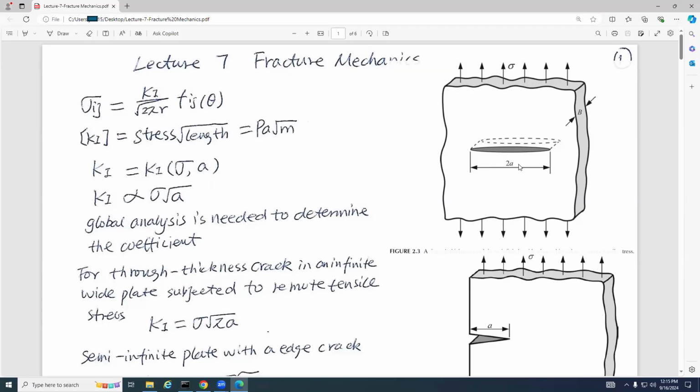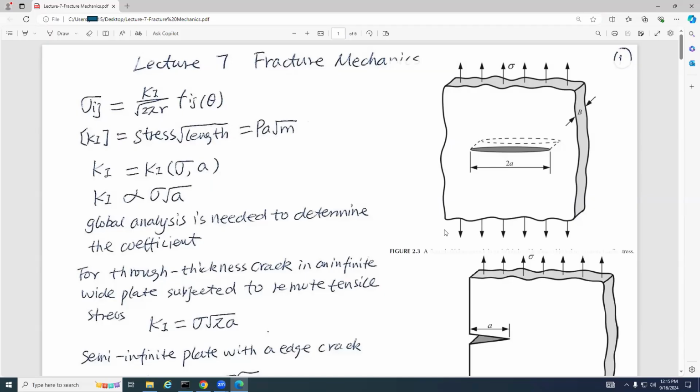Now, today we are going to continue our talk. I will give you several equations for commonly used specimens. First, for this one, I told you sigma ij is described by using K_I over square root of 2 pi r.